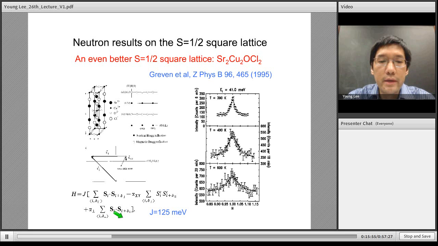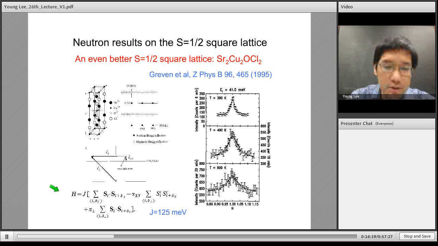So there's actually a better square lattice system that doesn't have this Dzyaloshinskii-Moriya interaction because the copper-oxygen-copper bonds are straight instead of buckled. And this is called strontium copper oxychloride. So this is probably as good a 2-dimensional spin-1/2 square lattice that you will find.